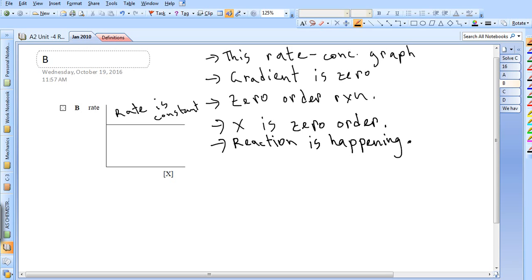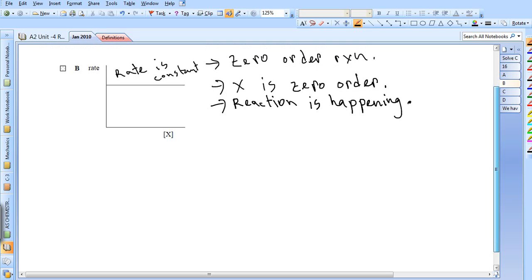I'm going to discuss that right now to remove your confusion. This is a rate concentration graph, and the horizontal line doesn't mean that the reaction has stopped. The reaction is happening with respect to time, and the rate is constant. The rate is not zero over here.